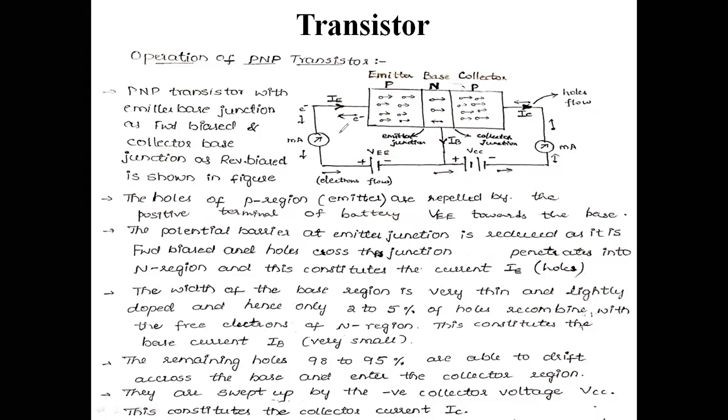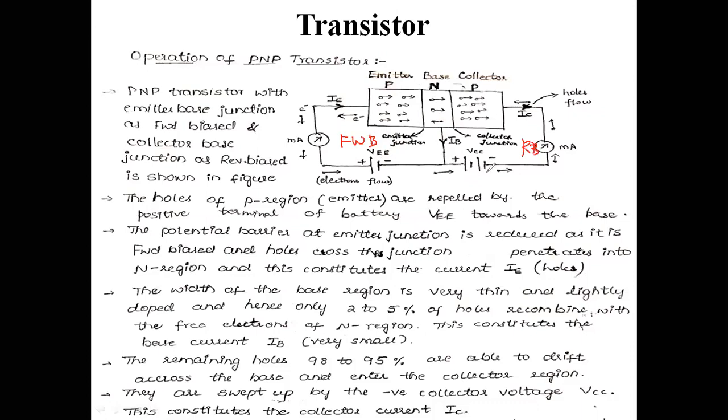Then this region is in forward bias condition. The emitter base junction is in forward bias condition, whereas this P region is connected to negative and N region is connected to positive. I can call this region the collector base junction, and it is reverse biased.